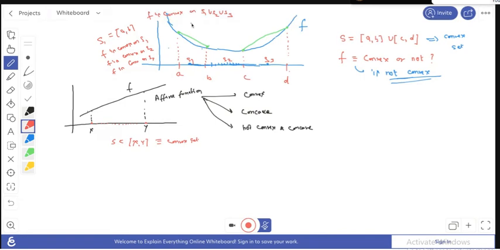Okay, but not convex on this S1 union S3. Okay, so S1 union S3 ले लें तब convex नहीं होगी. ओके, तो ये सारी चीजें हैं.